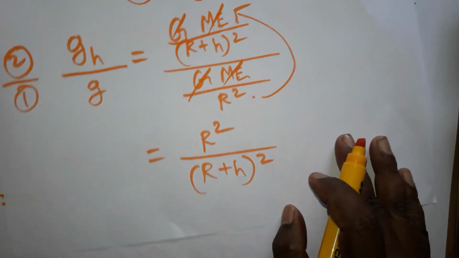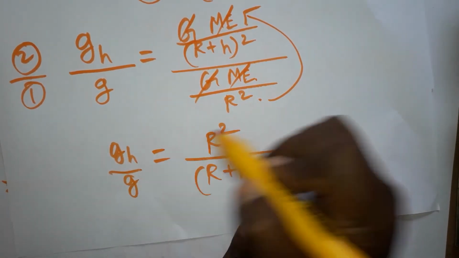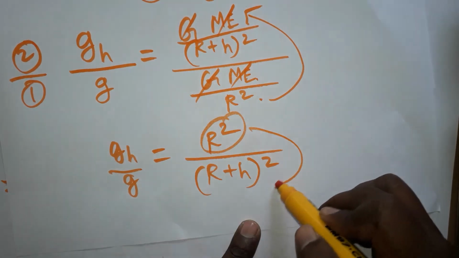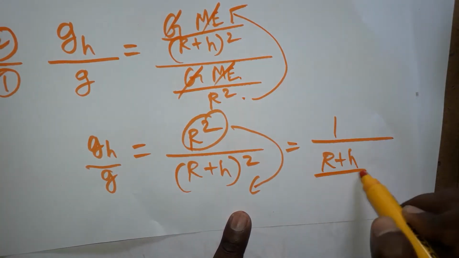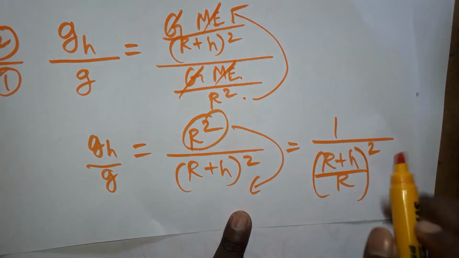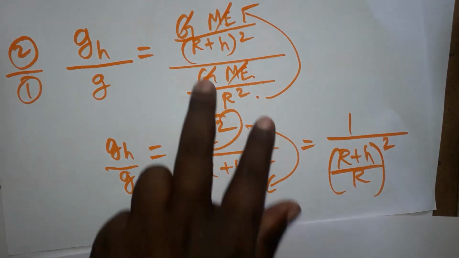Okay, so in this equation, what I am going to do now, it is gh divided by g. So r square directly I am going to bring as a denominator. It's going to be 1 divided by r plus h divided by r, whole square. Further proceeding, I can take r as a common LCM.